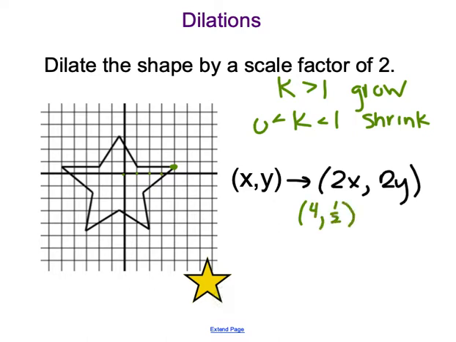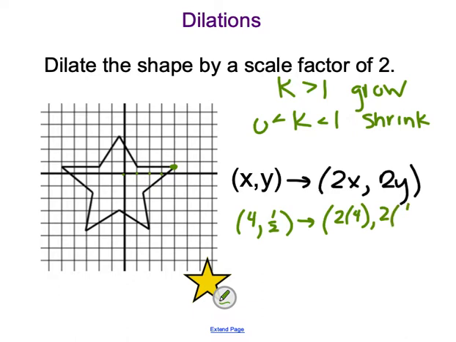So if that's the original point, what you would do to figure out where it goes to get bigger is you would do 2 times your x value and 2 times the y value, and so it's going to end up at 8, 1. And then you would do that for different important points around the star to figure out how it would get bigger. We'll practice a lot more than that, okay?